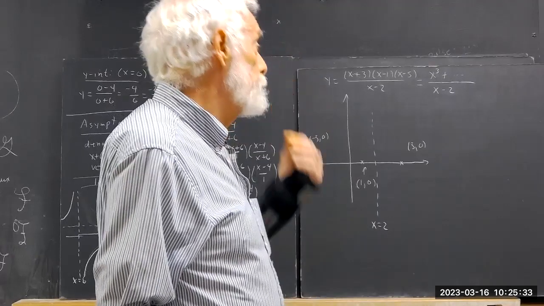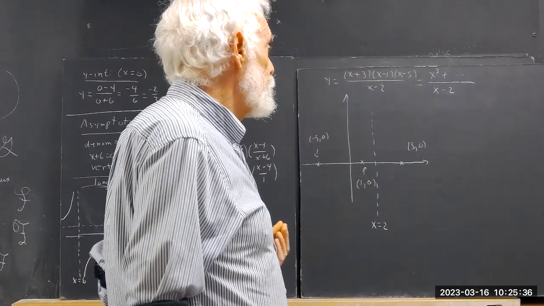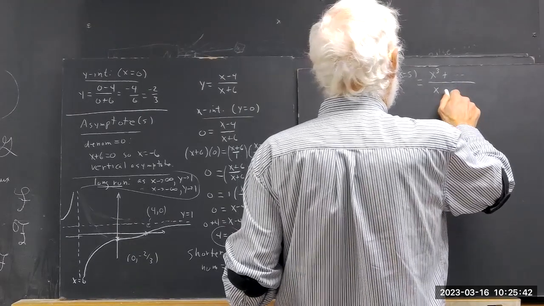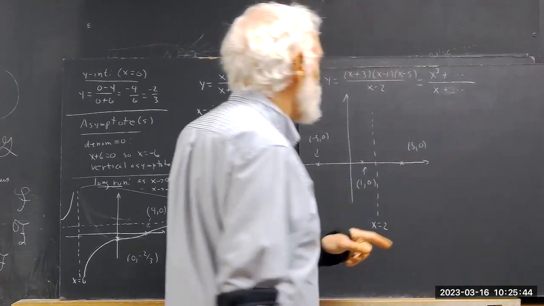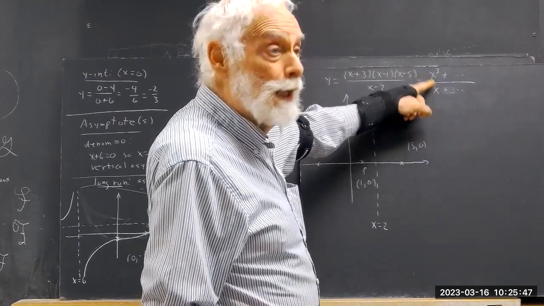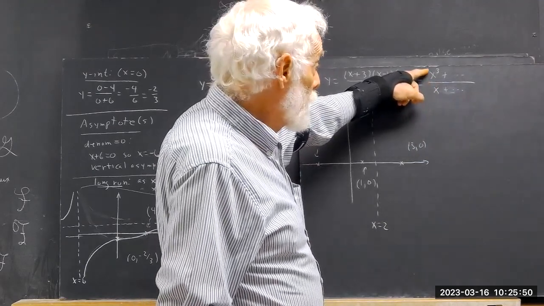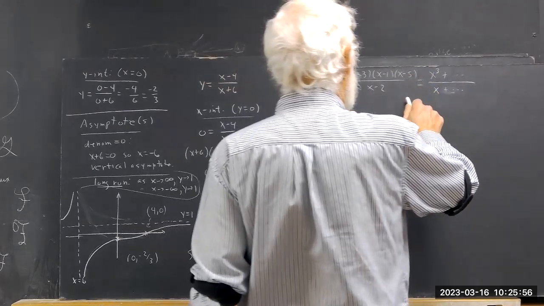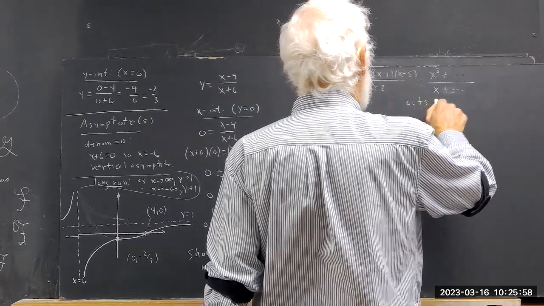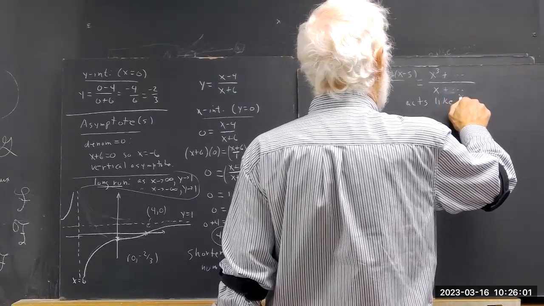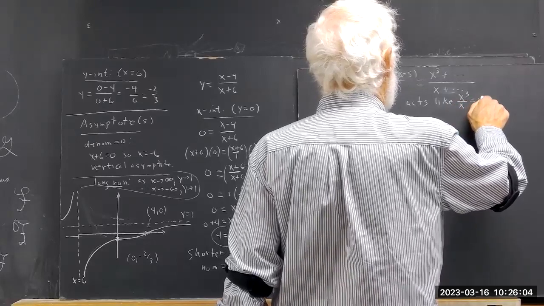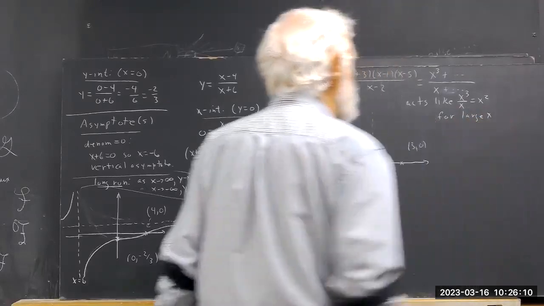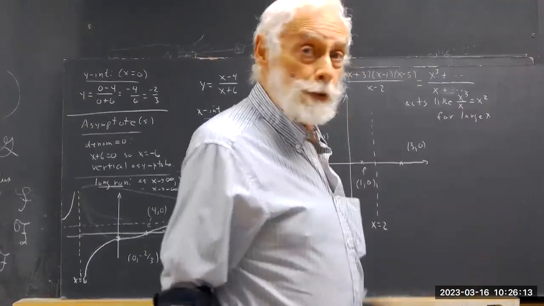As I indicated last time, I'm not even going to write out the x minus 2. All I care about is the leading term, the highest power term. If I divide x cubed by x, I get x squared. It acts like x squared for large x.